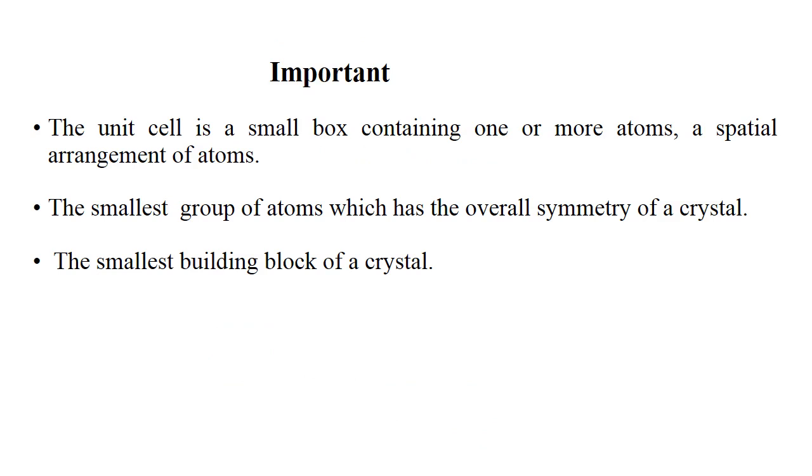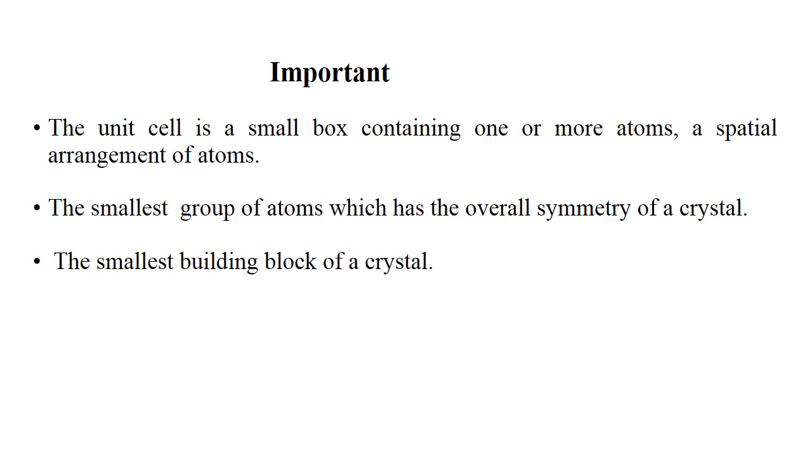Now we are going to have some important points about the crystal or unit cell. The crystal structure of a material, or the arrangement of atoms within a given type of crystal structure, can be described in terms of its unit cell, because each unit cell has all the characteristic properties of a crystal system.